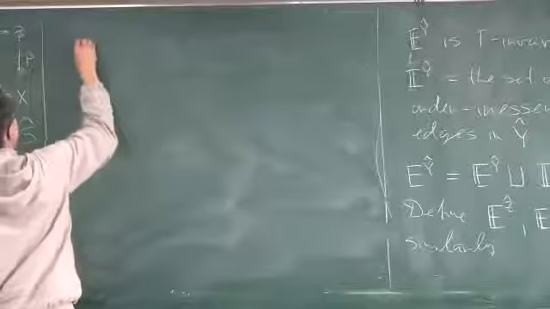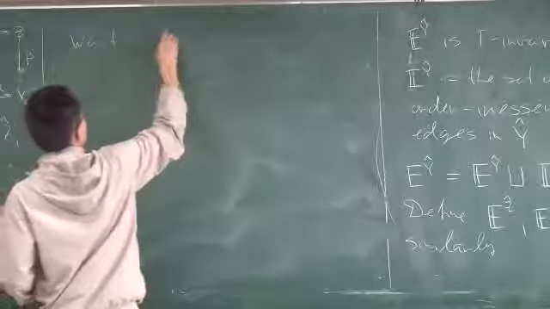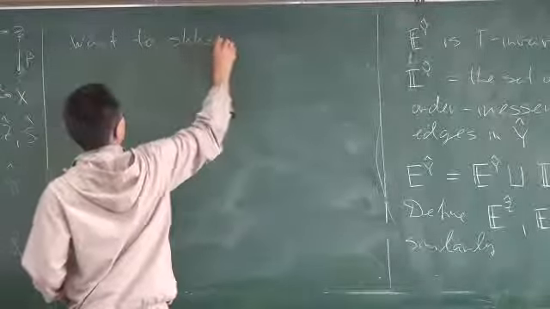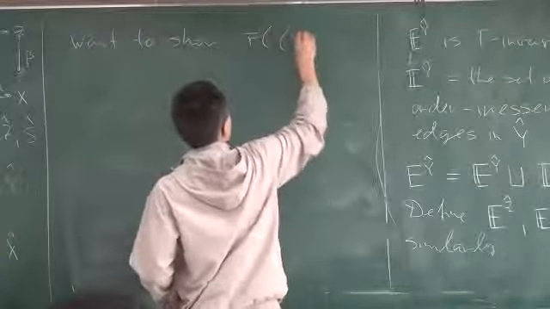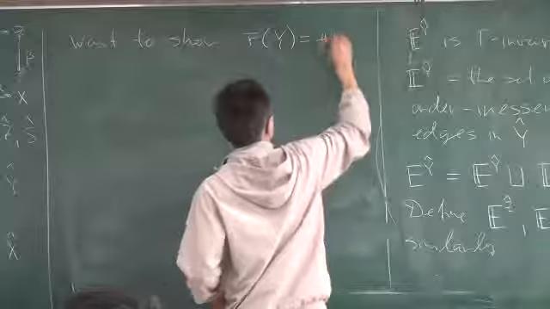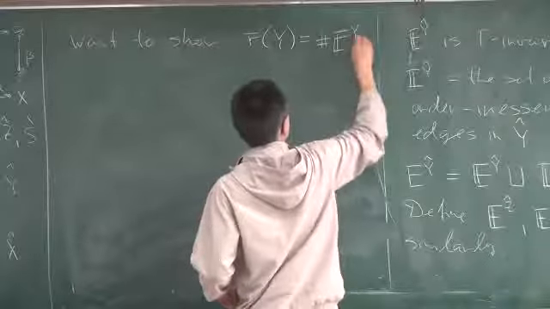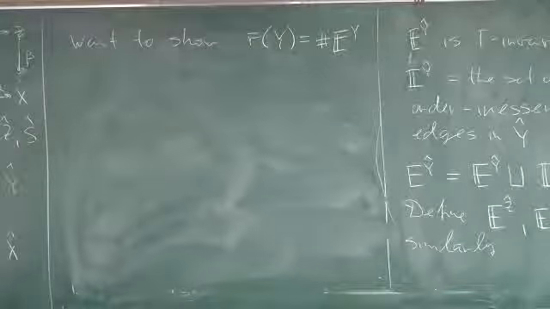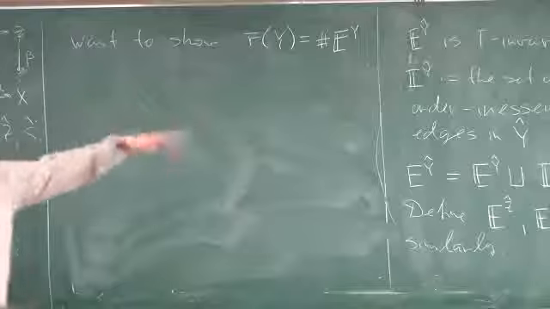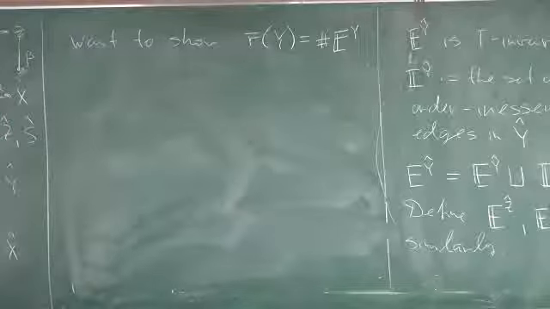So we want to show that the reduced rank of Y is the same as the number of elements in this quotient. Right, that's the goal. If we prove this, we are done. So the same proof will work for Z and S. But how do you prove this?